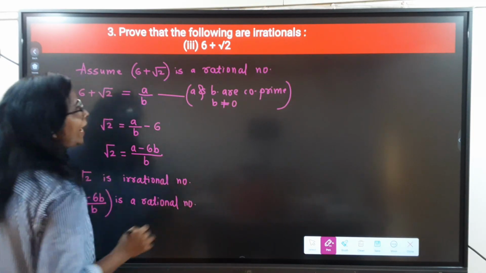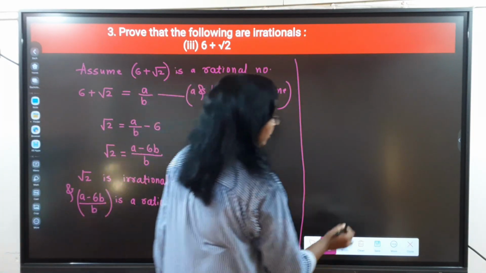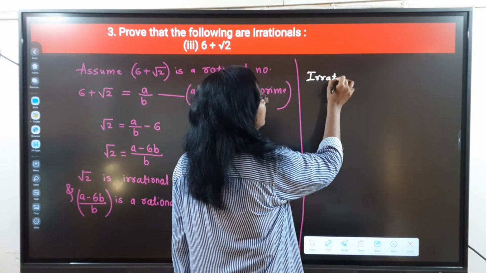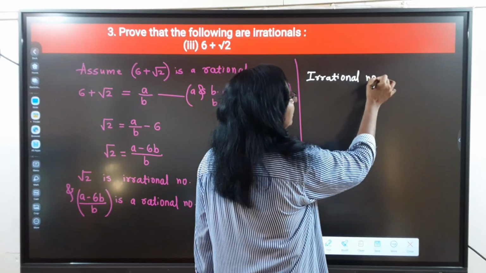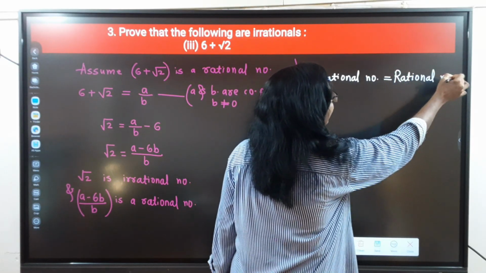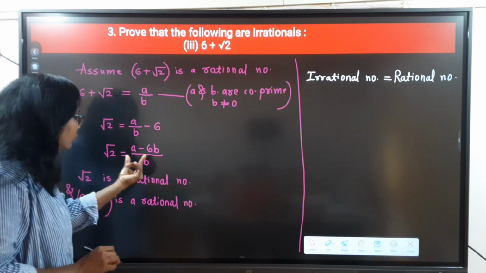So now we get irrational number is equal to rational number.